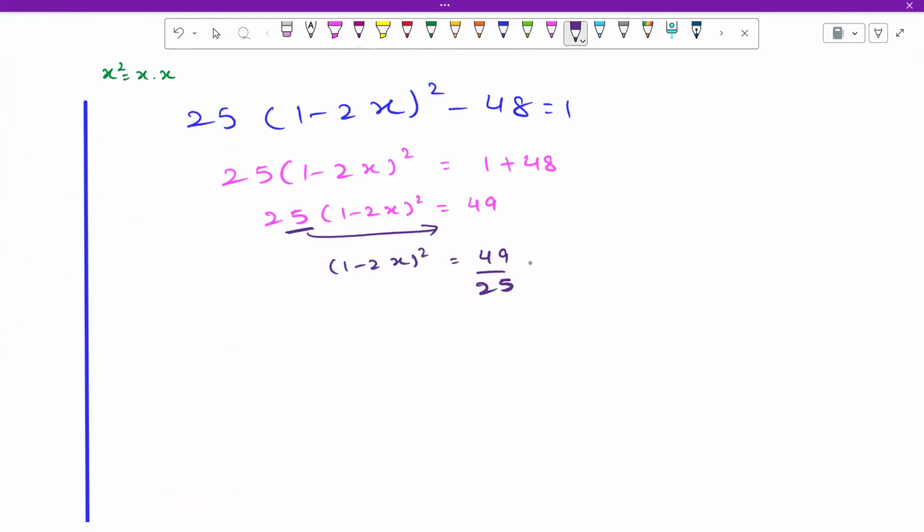Any question in this part? No. See, there is a square. If we want to remove the square, what do we have to do? If we want to remove the square from here, what do we do?